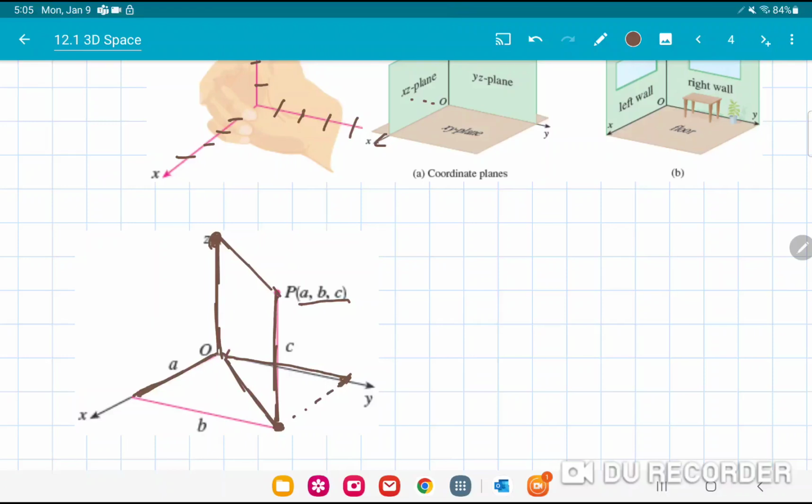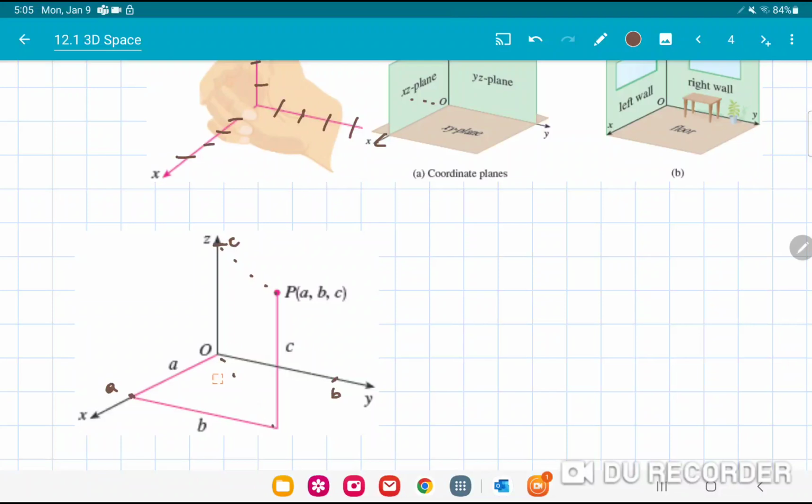Okay, so that's what we see here. I'm going to erase it so you can take a look at it. So this is A on the x-axis, this is B on the y-axis, and this is point C on the z-axis. And I'm imagining that this and this are parallel.